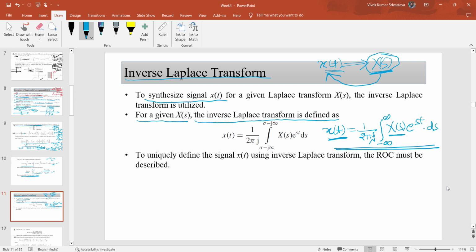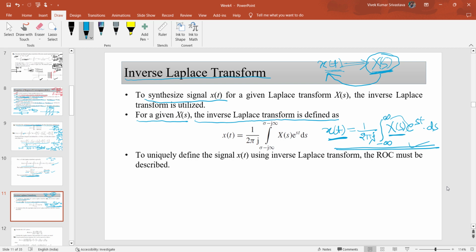But the problem with this expression is that it is very complex to evaluate the integral of this Laplace transform. For several complex Laplace transforms, we cannot evaluate this integral.